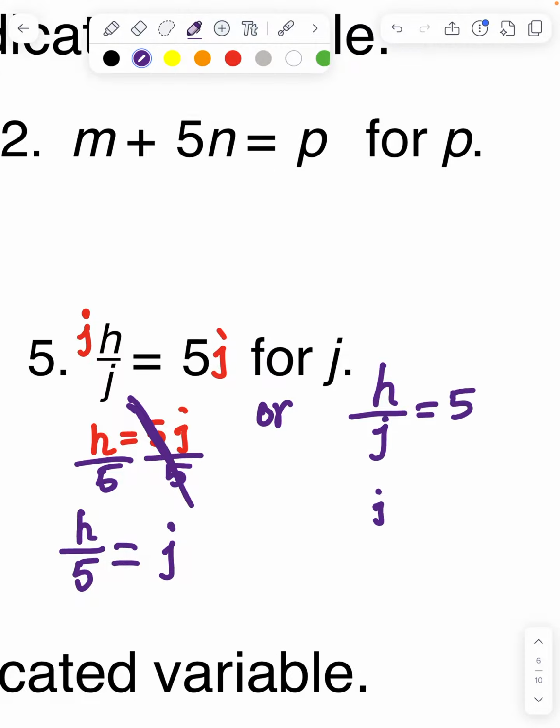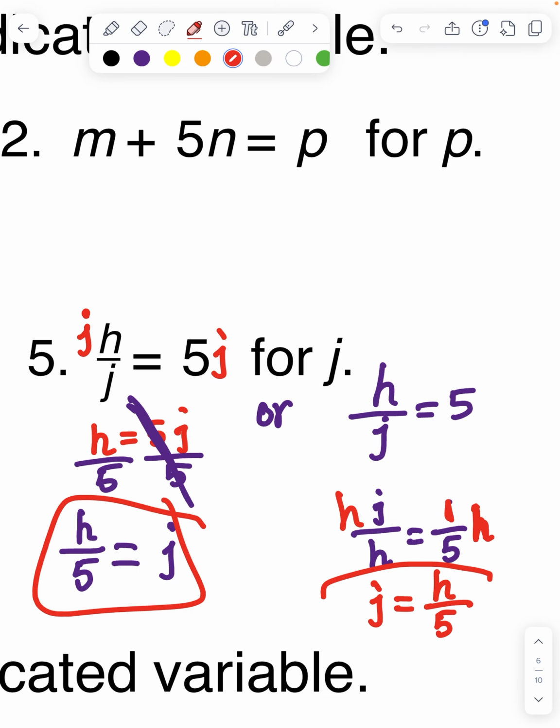I can flip it, so J over H equal to 1 over 5. Reciprocal, right? Then multiply both sides by H. So J equal to 1/5 of H, or H over 5. Either way, you get the same answer.